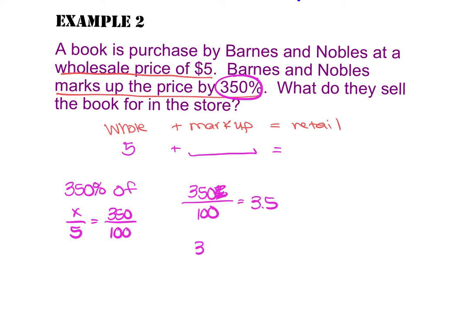And then we can multiply 3.5 by 5 to get a total of 17.50. So regardless of which strategy you use, you're going to get a markup price of $17.50. We then add that markup to our wholesale price, which is $5, and our retail price here is going to be $22.50.